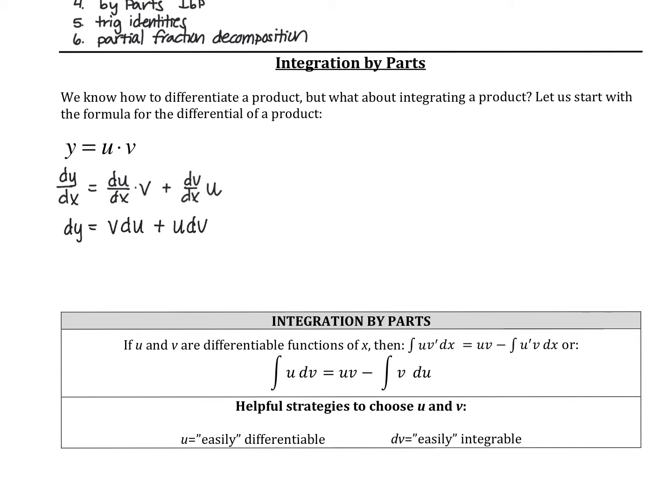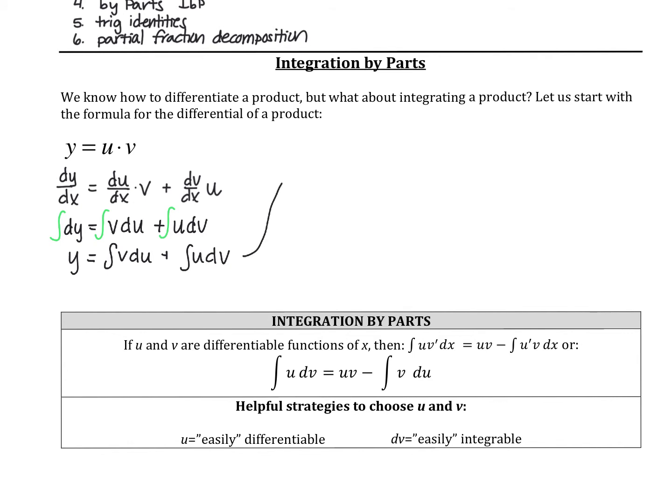And now I'm going to integrate all sides. Since it's a sum with two different differentials, I'm going to include it as two different integrals. And doing it this way, the integral of dy is just y, but the problem is I don't really know enough about these two integrals to say anything.